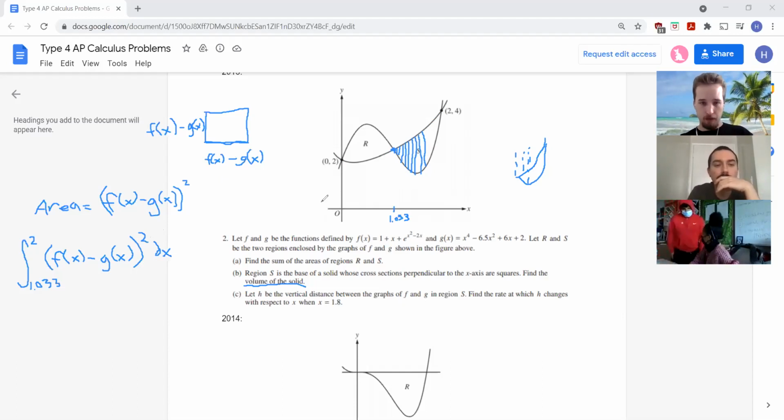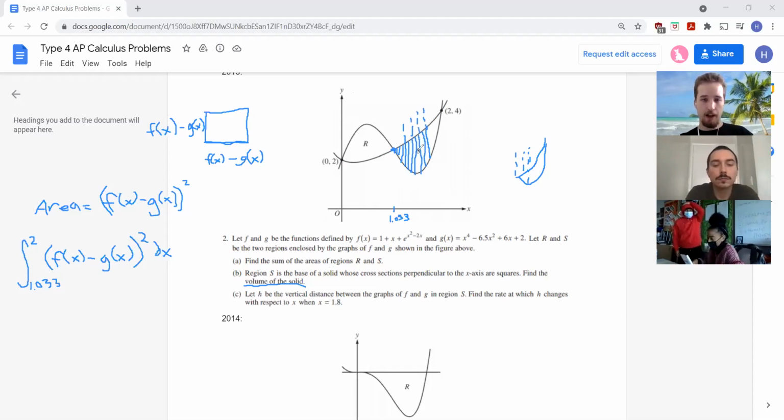Okay. So just to go over this one more time. Each of these lines here represents the base of a square. Because the cross sections of this solid, you can imagine there's a height involved that we don't see. We're just seeing the x and y plane, but there's a z-axis here.